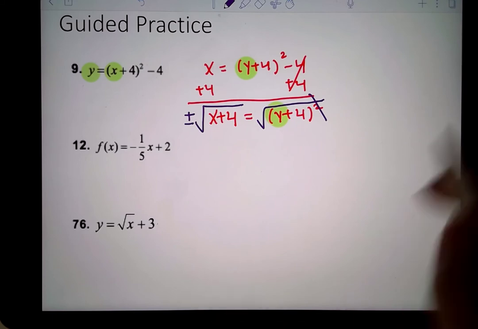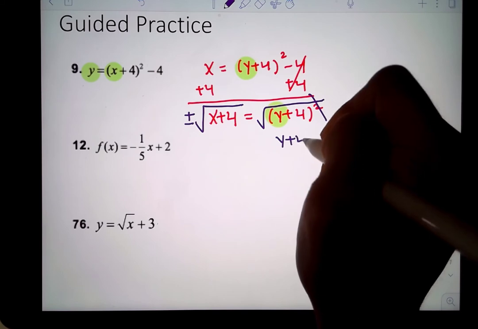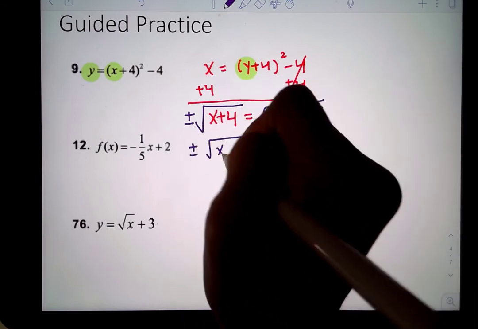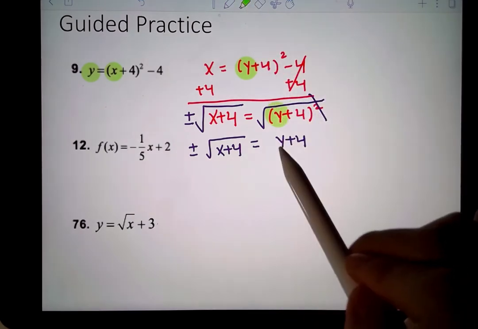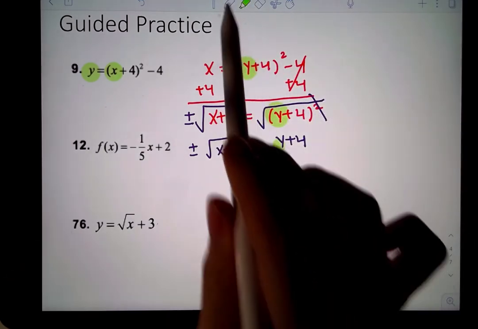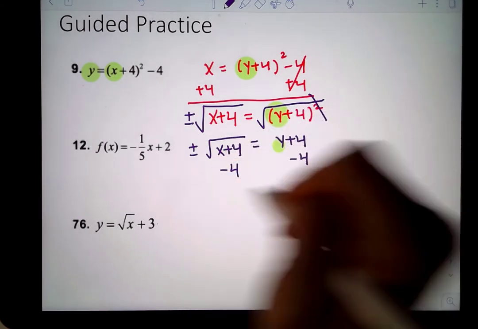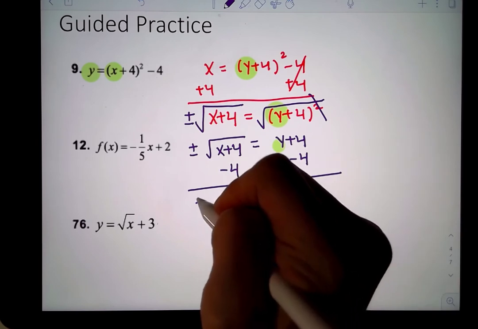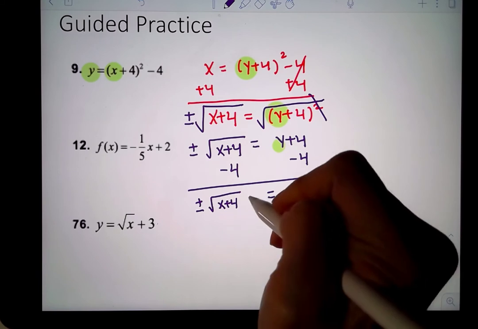Okay? So now I have y plus 4 here, plus minus square root of x plus 4. Last step, I want to get y, so -4 minus 4. Then you get y equals positive, negative, square root of x plus 4 minus 4.